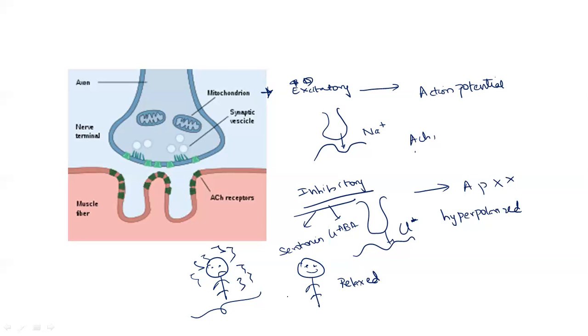Our brain is able to achieve this relaxed state because of GABA. We go from a stressed situation to a calmer one because of GABA. If GABA is not present, we will be very much disturbed.